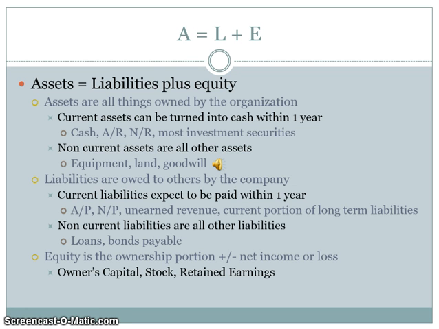The equity portion also has an account called retained earnings, and that is the accumulation of all net income minus the net loss over the entire life of the company.